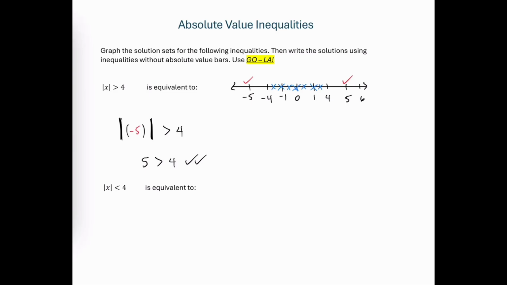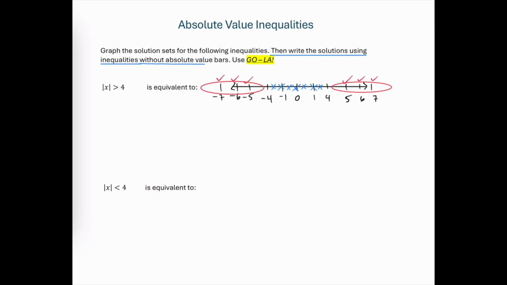What we'll notice is that any x value that is out here beyond the 4s, when we plug these into the original inequality, all of these quantities work. So this is where the solutions lie on the number line, but we're asked to write these solutions using inequalities that do not have absolute value bars.